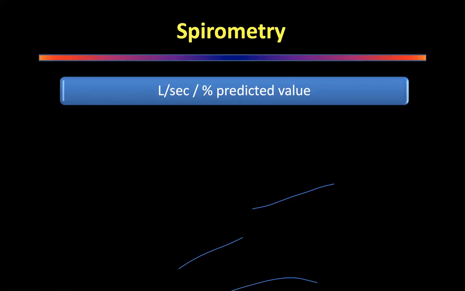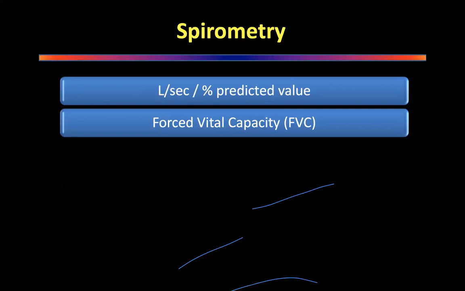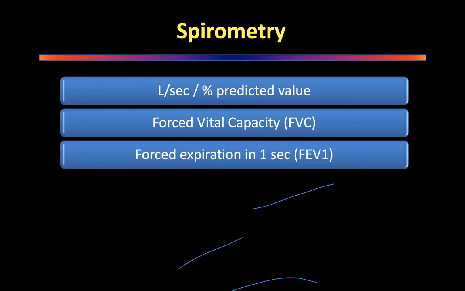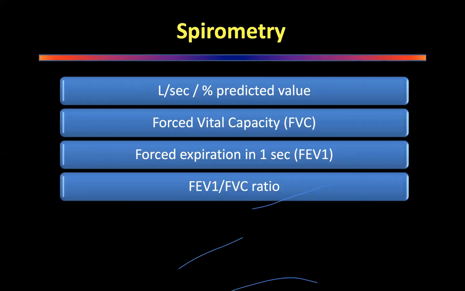Or percent predicted value. The second value is better than using just liters per second. It's always better to give percent predicted value. The two numbers that you can really get with a simple spirometry are forced vital capacity, which is the maximum peak that you can reach with an expiration, and the most amount of air that comes out in the first second.